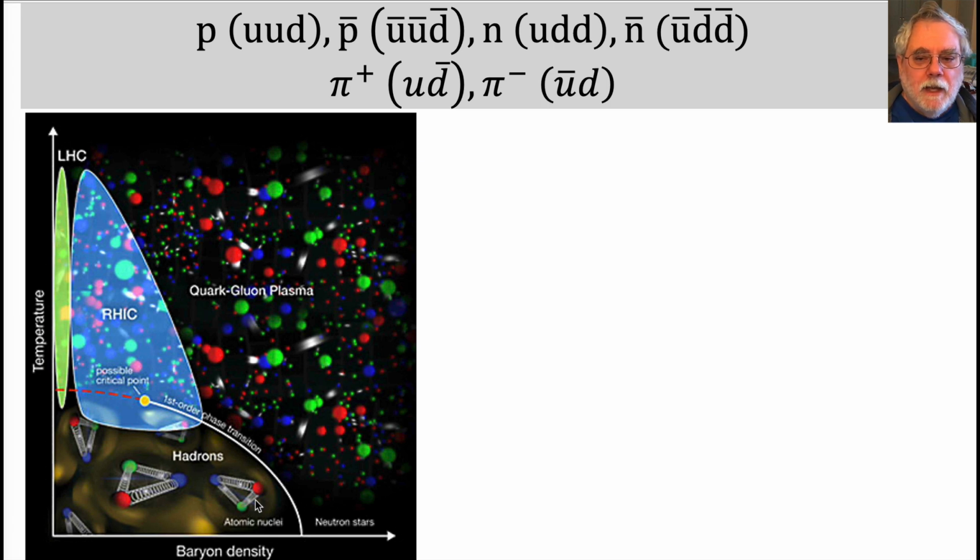The individual hadron particles, 3 quark baryon particles and antiparticles, such as protons and antiprotons, neutrons and antineutrons, and 2 quark mesons, such as pions, not shown here. This phase change is a kind of freeze-out, though very hot.